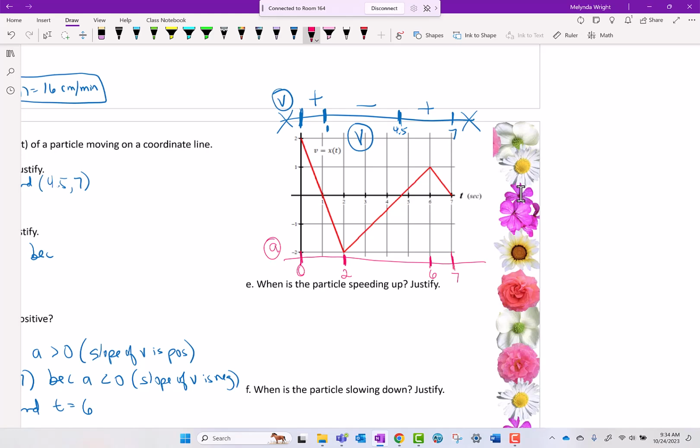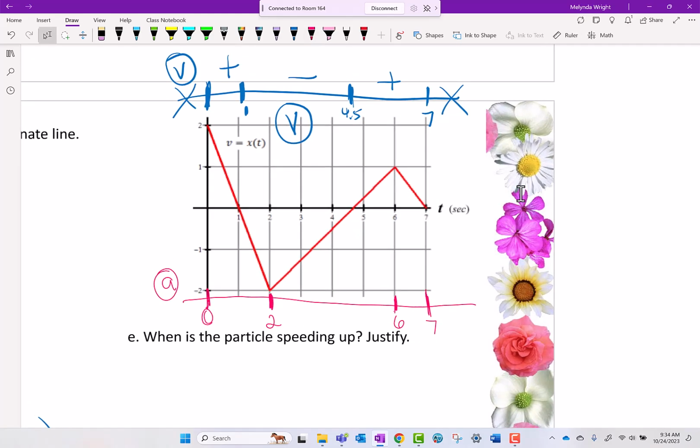So let's look at the sign of acceleration. This is a negative slope, so my acceleration would be negative right here. This is a positive slope between 2 and 6, so my acceleration will be positive here. And then this is a negative slope.